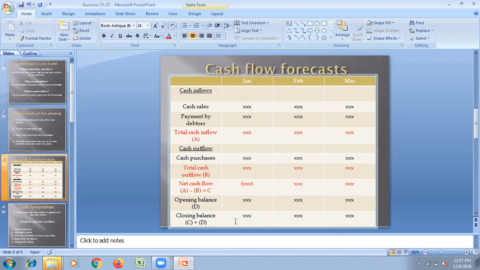You subtract it from the opening balance to find out the closing balance. Now, what is a cash flow problem? Let's say in the month of March you have a closing cash balance which is negative. This is a cash flow problem.